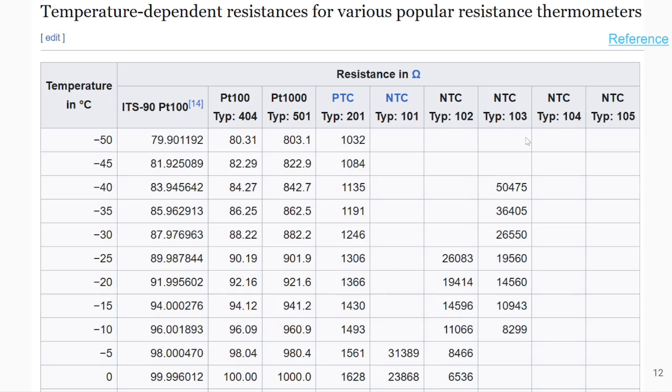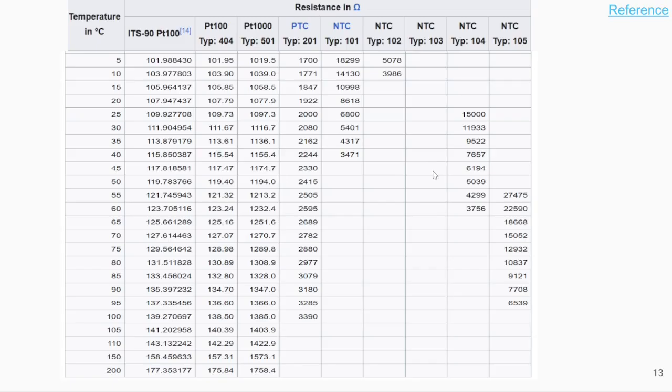And you see the NTC type 103, how big is the value of that resistance. Depending on your application, what you want to do, it is very important for you to consult a temperature chart like this one. Okay? So I just brought it here for you to get some clarity on a very important feature relating to RTD sensors.